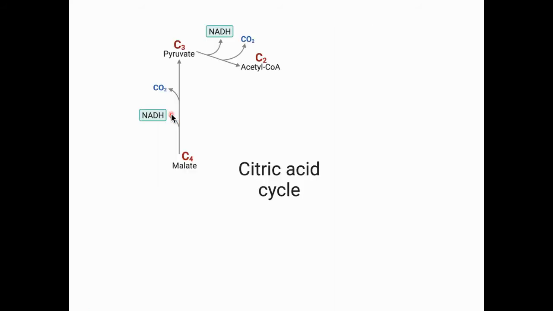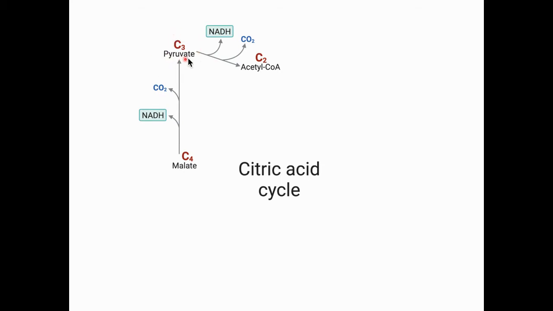From glycolysis, you get either pyruvate or malate. If you get malate, it needs to lose one carbon as carbon dioxide, and it will release electrons to produce NADH, and it will become pyruvate.